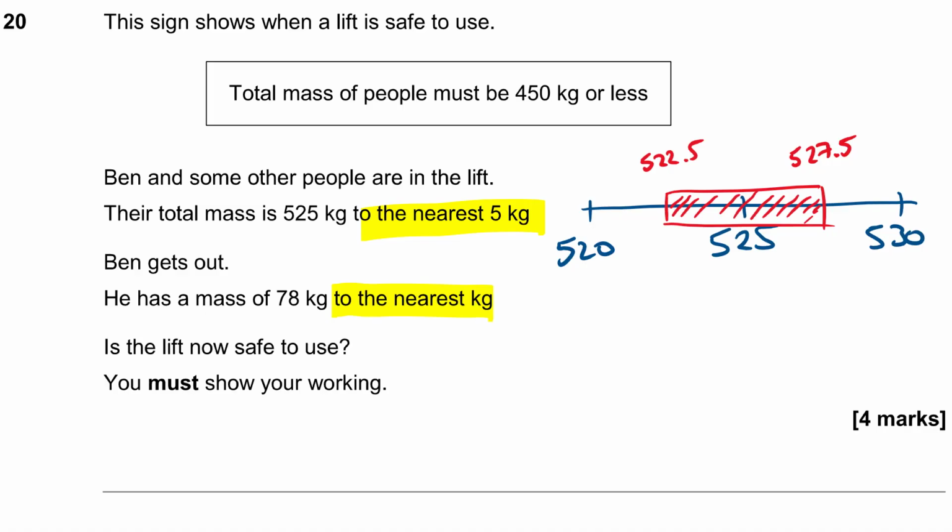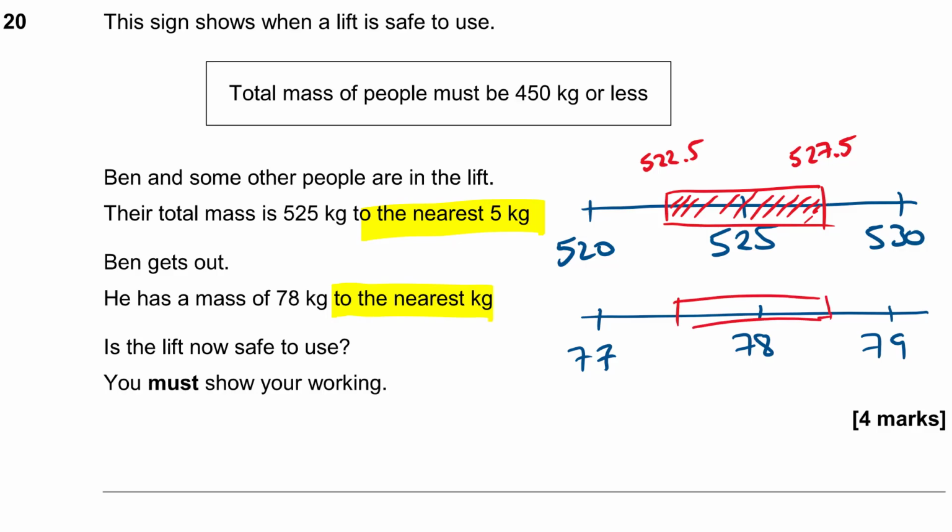For the other measurement, the measurement of Ben, we know his weight is 78 kilos to the nearest kilo. So marking my scale one above at 79 and one below at 77, and using the same thinking, we know the numbers closest to 78 round to 78. So the lower bound is going to be 77.5 and the upper bound is going to be 78.5, and anything in between is going to round to 78.